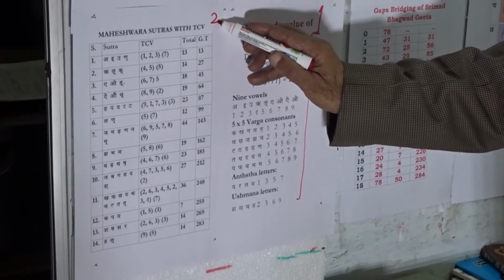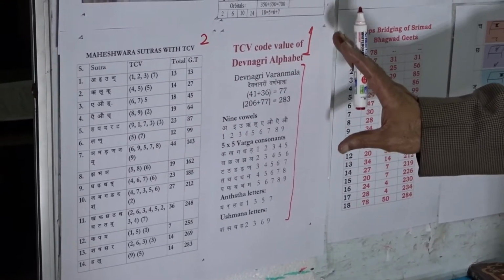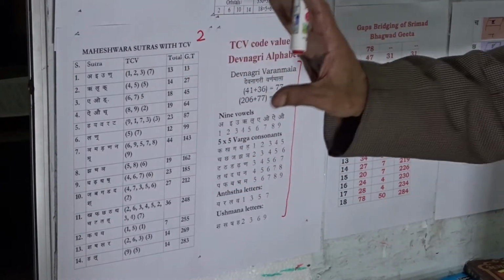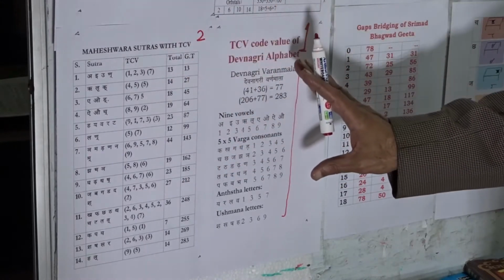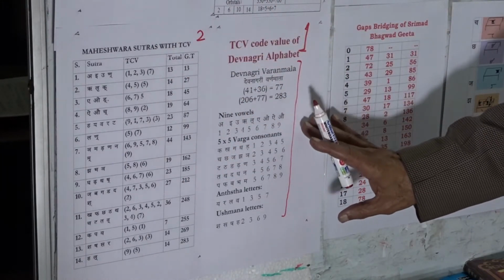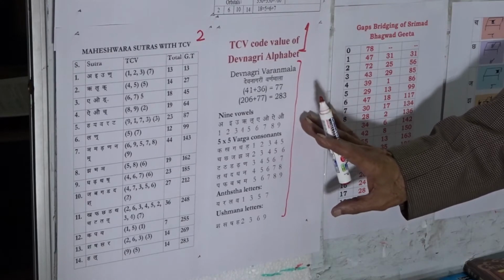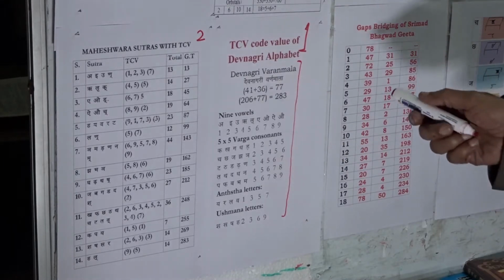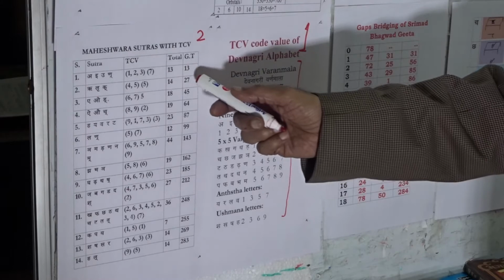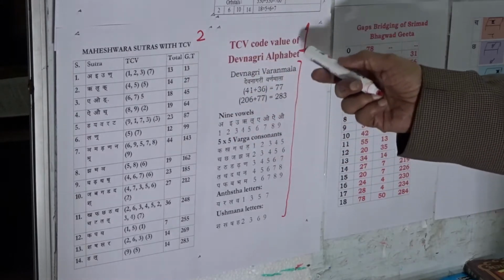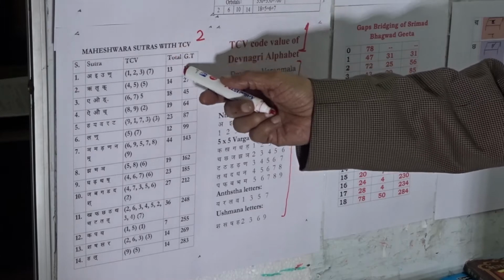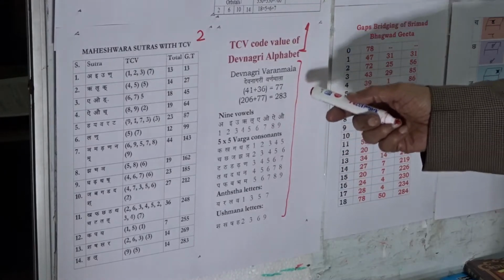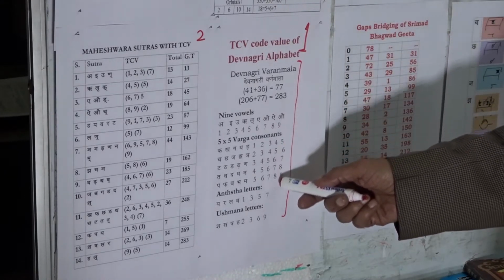Therefore, from Devanagari Varnamala, we shall reach at Maheshwara Sutras, or the other way round, from Maheshwara Sutras, we shall reach at the transcendental code values accepted by the individual letters of Devanagari Varnamala. Starting with Devanagari Varnamala and having a reach at Maheshwara Sutras for its organization, or starting with Maheshwara Sutras and reaching at the transcendental code values accepted by the individual letters.